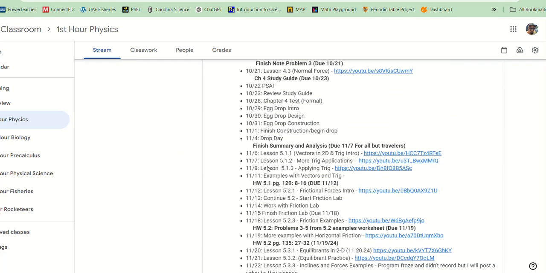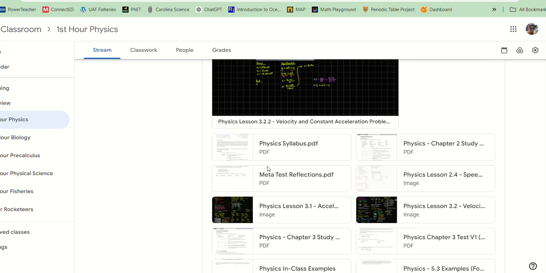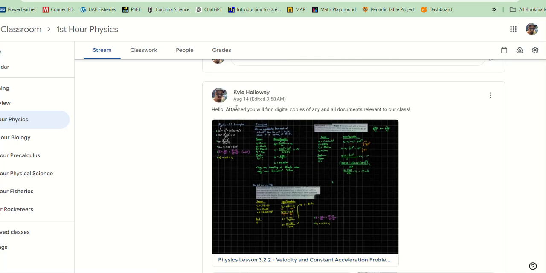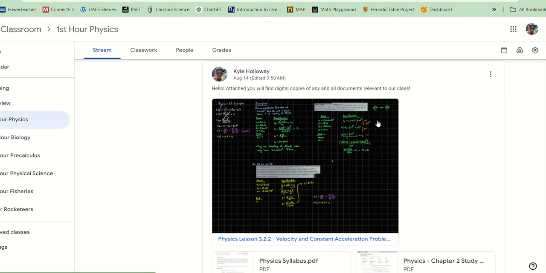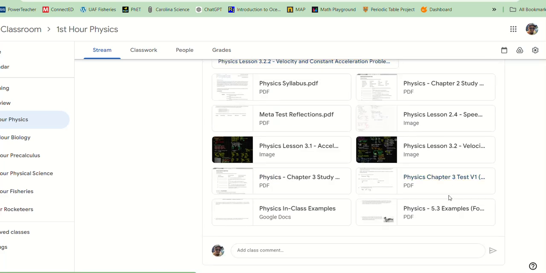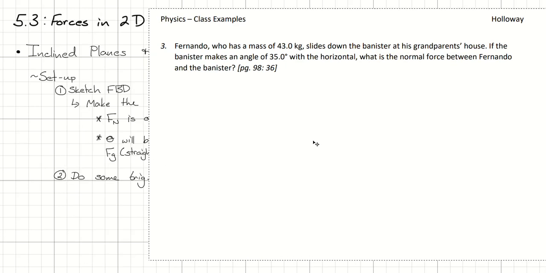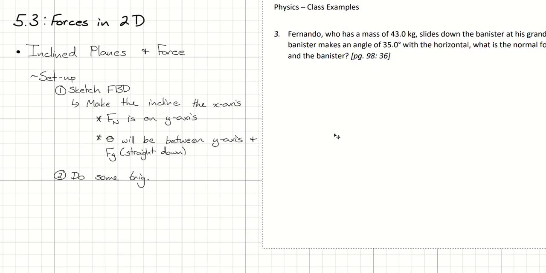Underneath all the assignments, attached, you'll find digital copies of any and all the documents. At the bottom, we have the Physics 5.3 examples. In class, we worked one full one together, and we did it a couple different ways. If you want to access that, go ahead and do so.